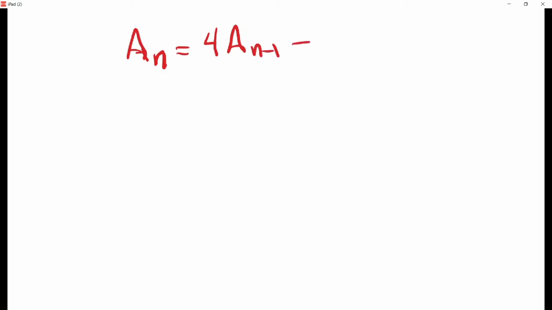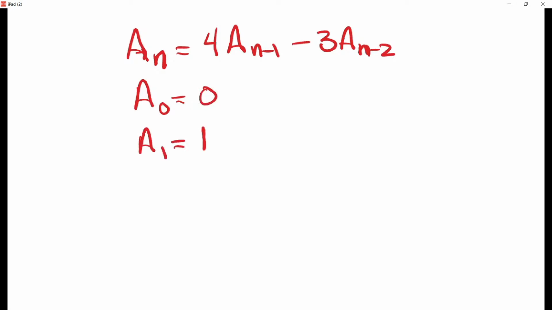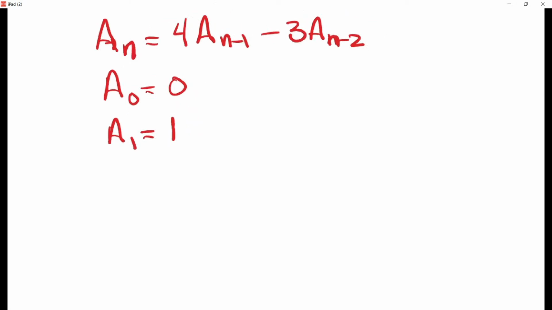It's always dangerous to do math on the fly. I need a starting point: A0 is going to be 0, and A1 is going to be 1, just to make things easy. So I need to know A2, A3, and A4. We'll start with those, and then we will solve this recurrence.